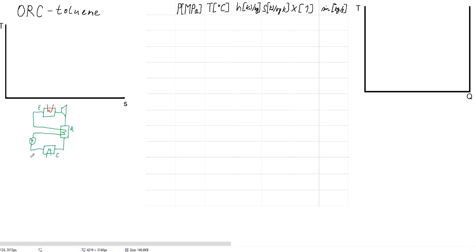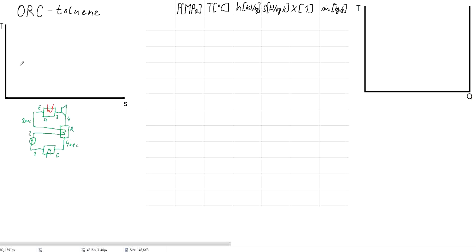So let's give it some numbers. 1, 2, rec as recuperated. Then somewhere in the heat exchanger again there will be the point with the saturated liquid. 3, 4 and 4 recuperated.